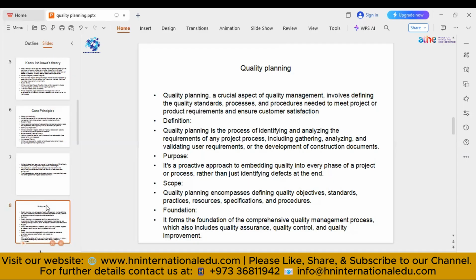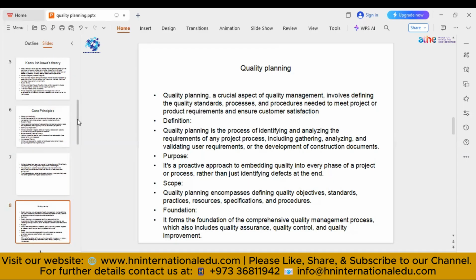Foundation: it forms the foundation of the comprehensive quality management process, which also includes quality assurance, quality control, and quality improvement. Definitely, all the quality management process will include that you have planned the quality, and then there's quality assurance, then there's quality control, and then there is quality improvement.